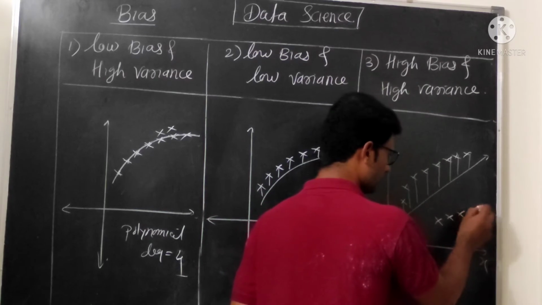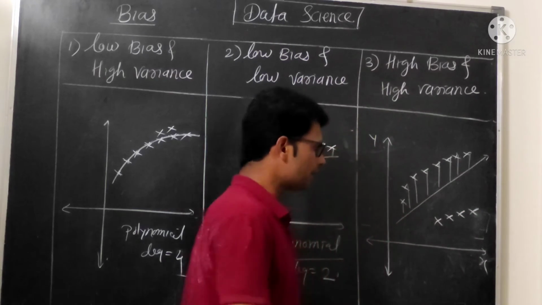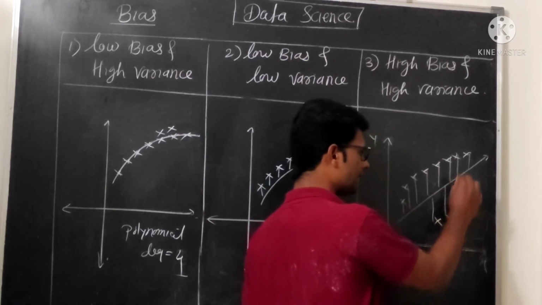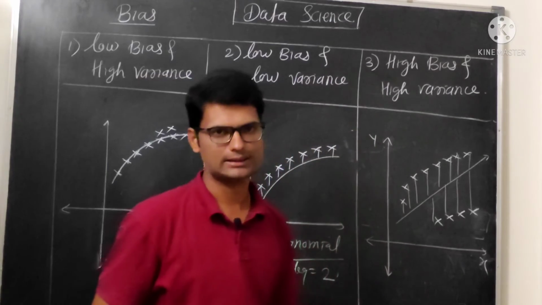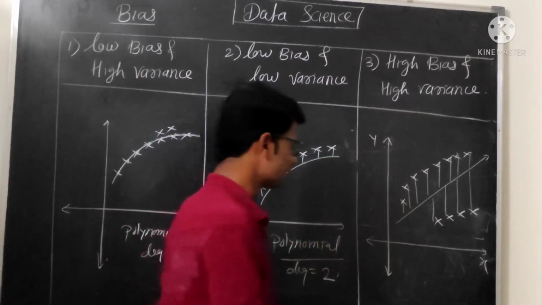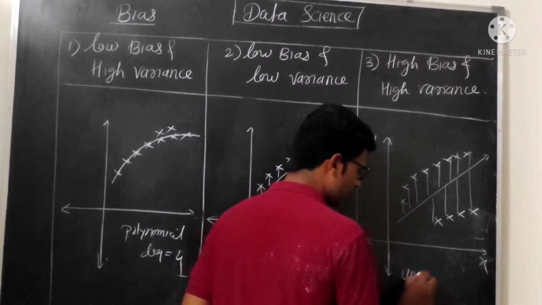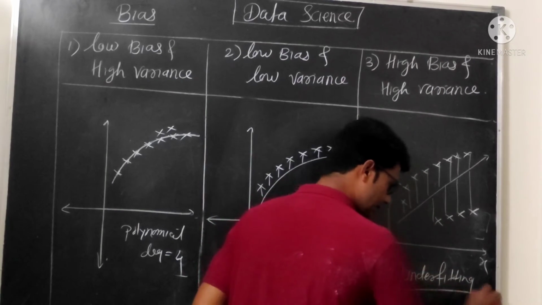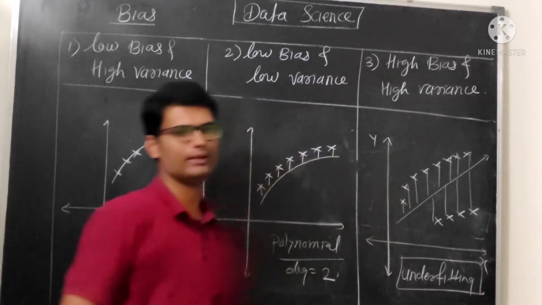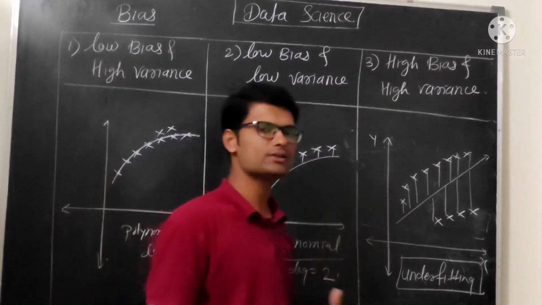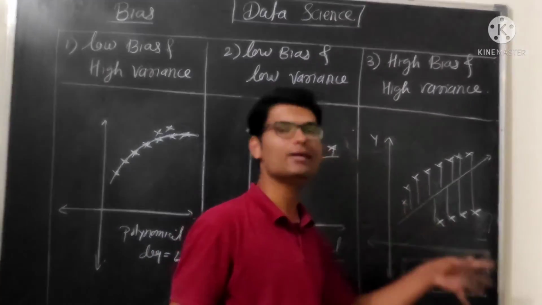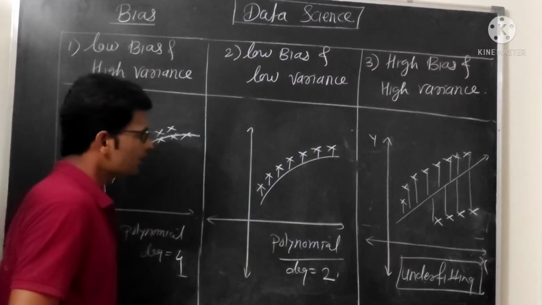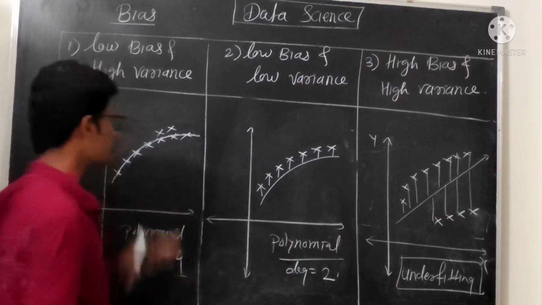Now what can you see? For the training data I have a high variance, and for the testing data also I have a high variance. Whenever this is the case, we can say that your model is underfitting. So whenever high bias and high variance occur, we say the model is underfitted.